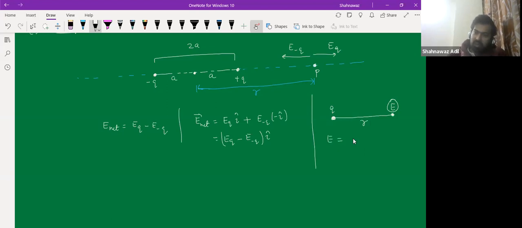KQ by R square. That is what I am writing, right? This P is denoting that this is some point, right? Clear? Yes, sir.